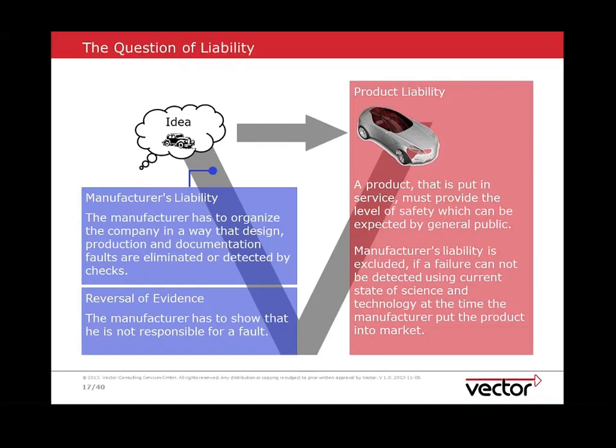Liability means that we have a starting point today in terms of legal perspective, which is product liability. If you put a product into service, the level of safety is what has to be expected by the general public, and we then have a manufacturer's liability if the product creates an accident, where the manufacturer has to prove that he is not responsible.